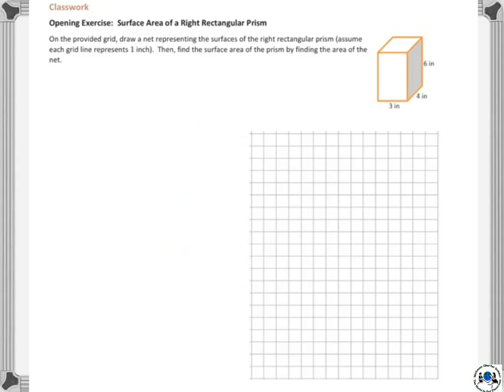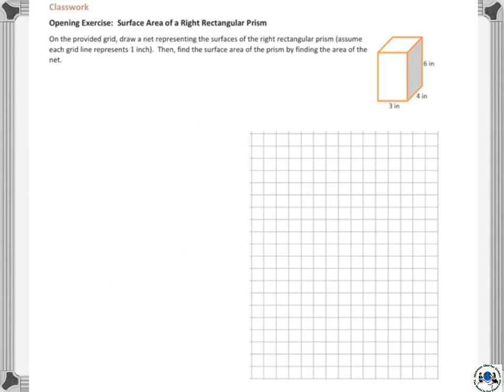Then find the surface area of the prism by finding the area of the net. So we're going to take this three-dimensional object and flatten it by drawing its net, and then we'll be able to find its surface area that much easier.